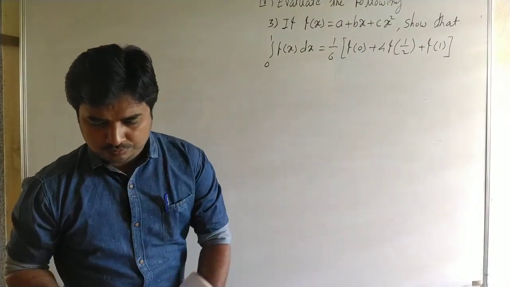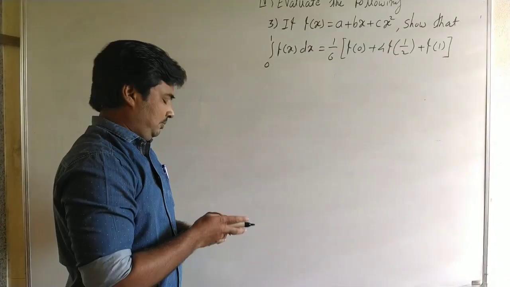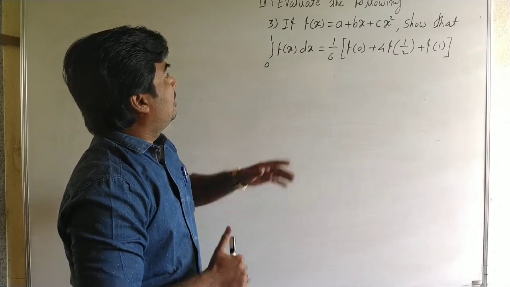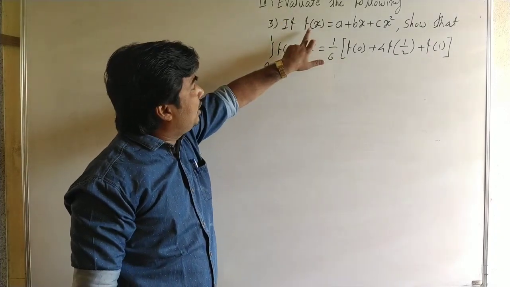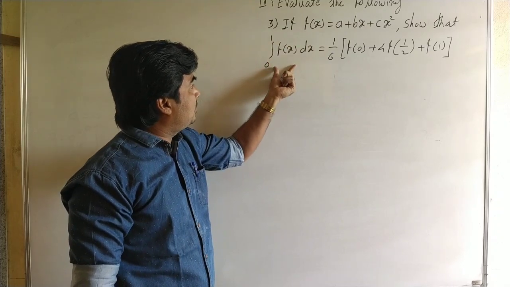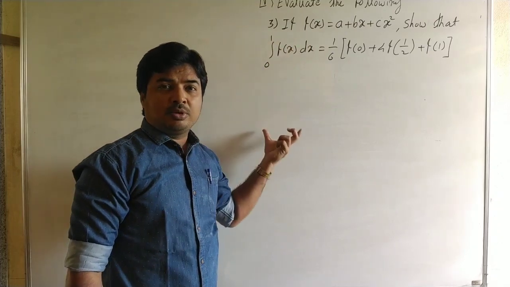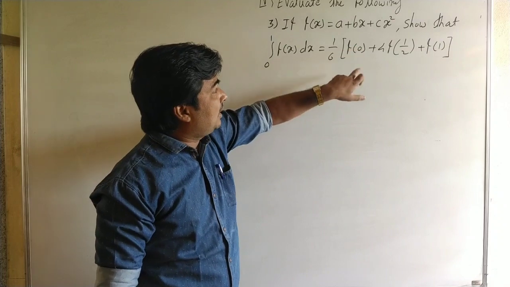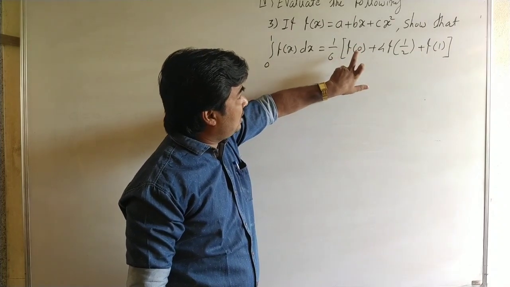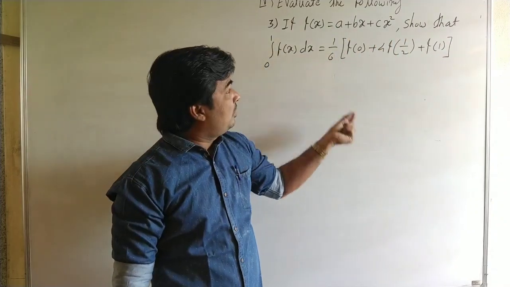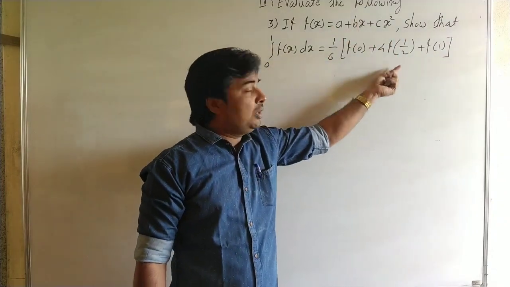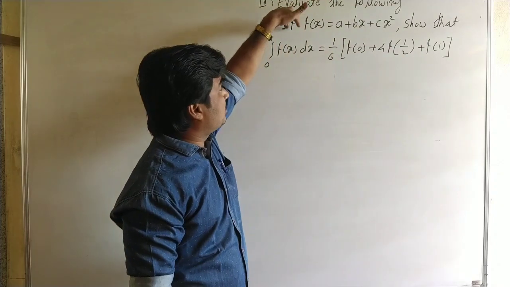Okay. Now here we want to show these two sides are equal. Now given f of x, first we find the value of this integral, it is equation number 1, and then in the RHS there are three terms, that is f of 0, f of 1 by 2 and f of 1. First we find the values of f of 0, f of 1 by 2 and f of 1 by using this function.